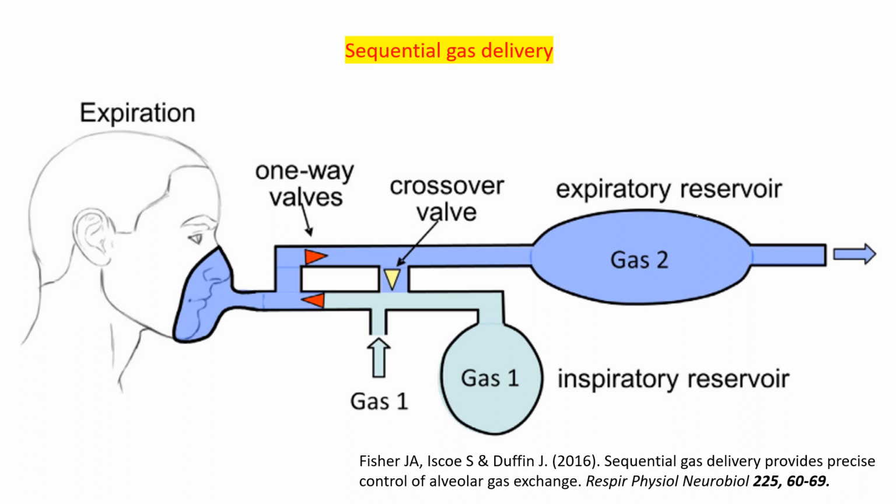So pictured here is the situation at the end of expiration, when expired air in dark blue, labeled as gas 2, fills the expiratory reservoir, and the gas used for targeting arterial PCO2 and PO2, gas 1, fills the inspiratory reservoir to a specified volume.